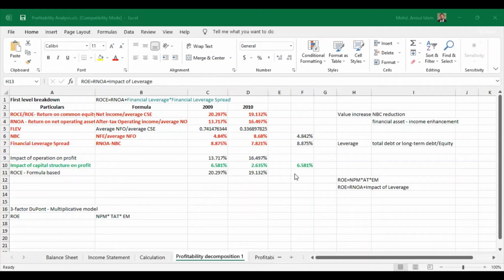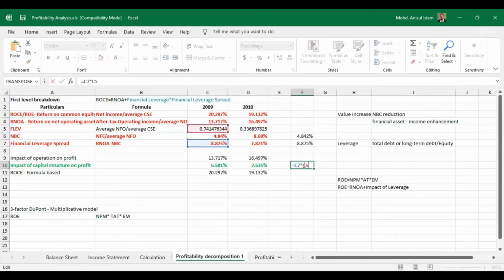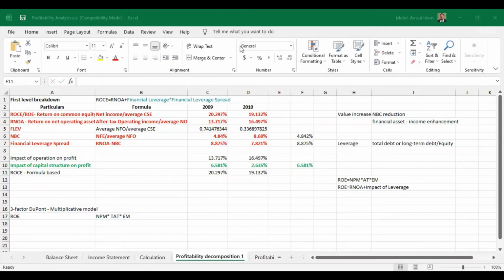So the spread helps us to measure the tax benefit or the value added by the leverage. If we multiply this spread 8.875% by our financial leverage percentage, in that case, we'll be able to get the impact of the financial leverage or impact of the capital structure.